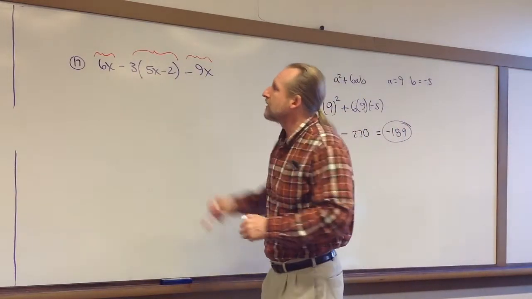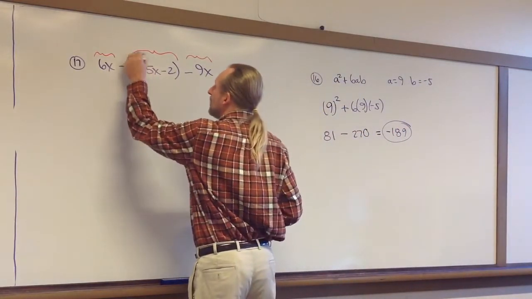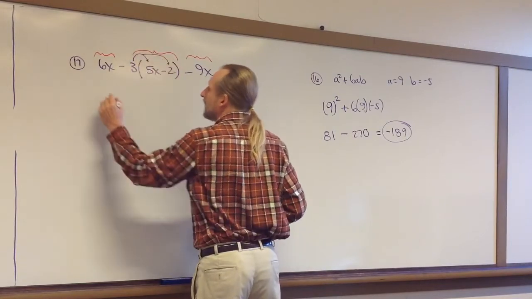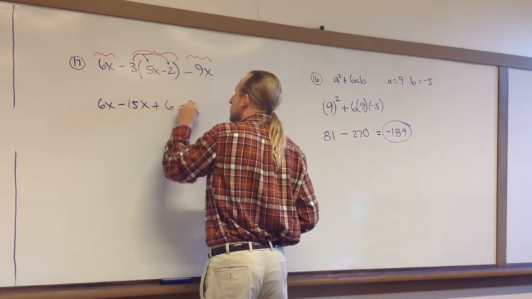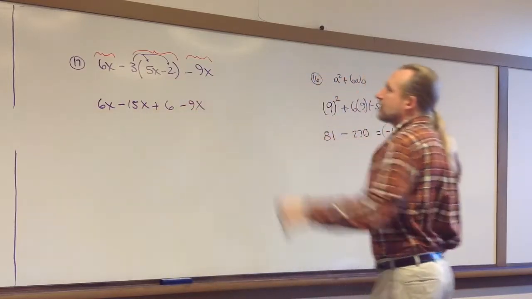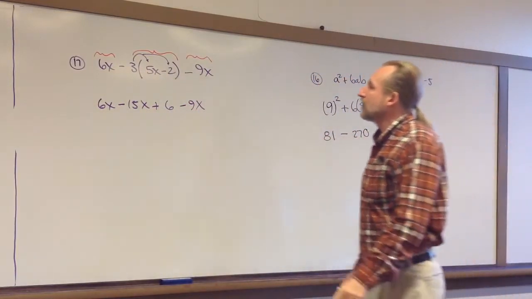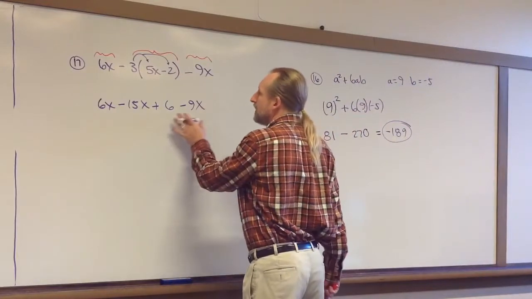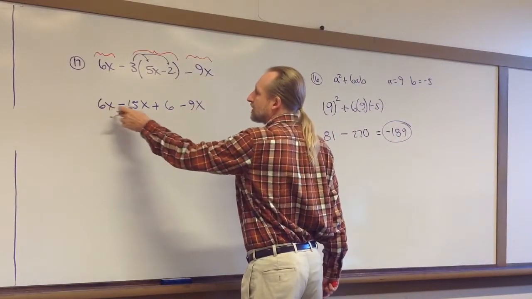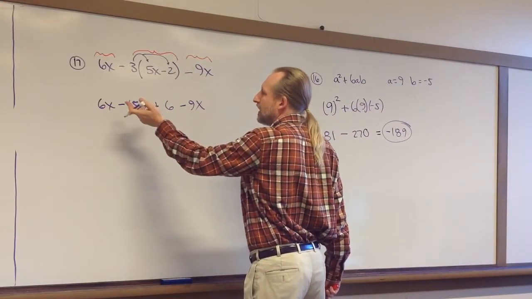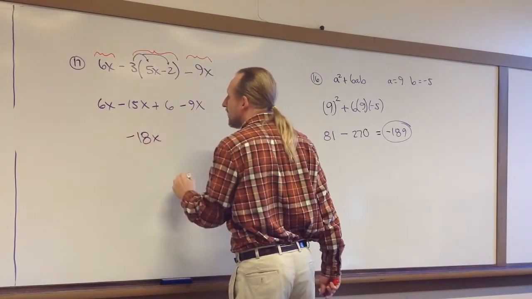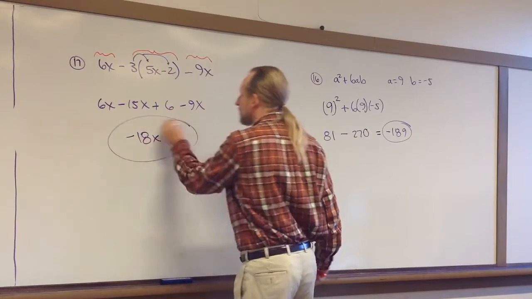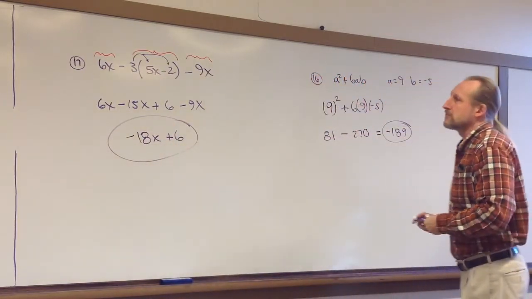But really what we need to do is distribute this 3. Multiply it here and here. So we'll get minus 15x plus 6. And now we can combine like terms. Let's see here. This will be 6 minus 15 should be negative 9x. Minus 9x makes negative 18x plus 6. And that's it. Okay.